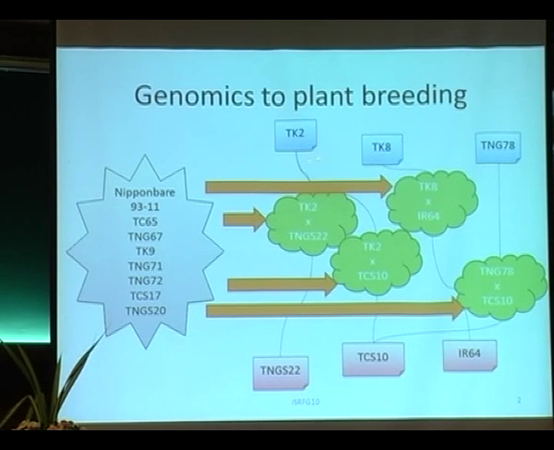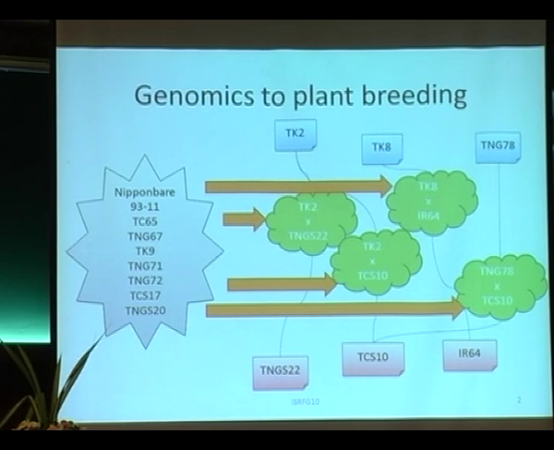Here I take some examples, showing some varieties in Taiwan. On the upper side, blue color means japonica, and the red color below means indica.